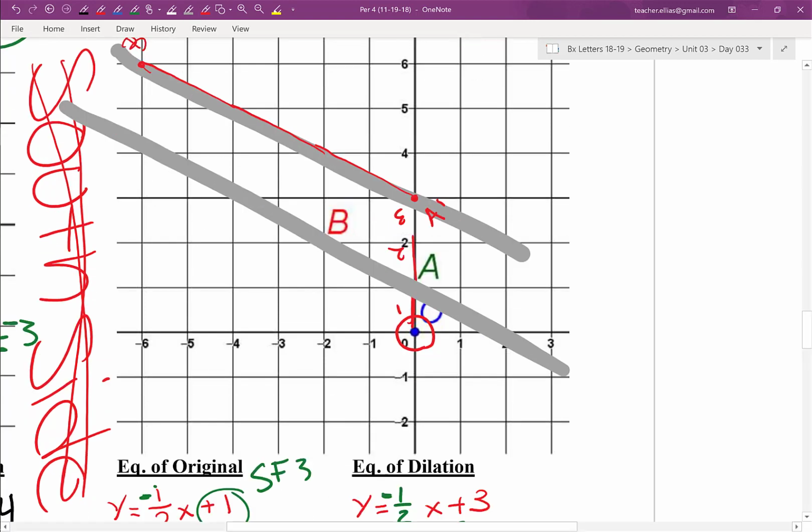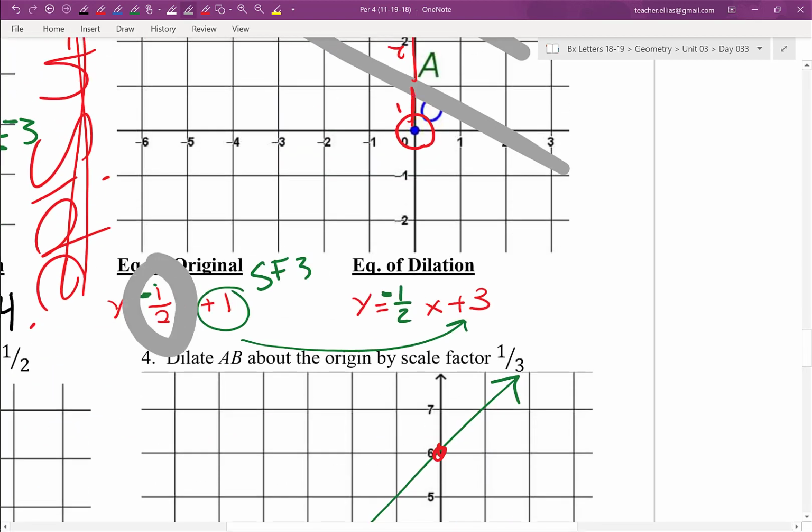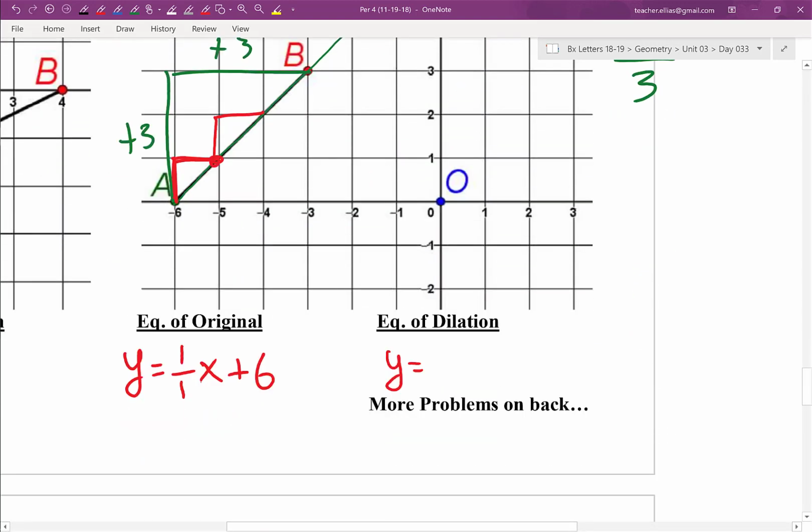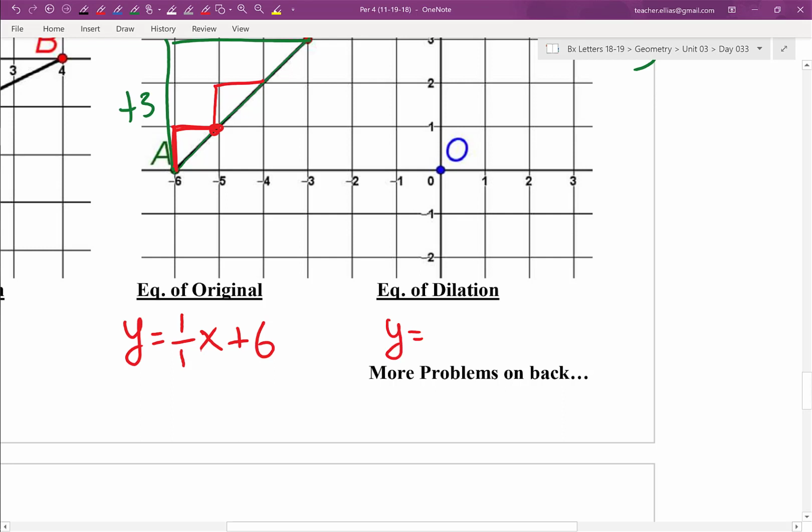Parallel. Good. Parallel lines have what kind of slopes? The same slope. So if I'm telling you the slope is that, what slope has to go here? The same one. Good.